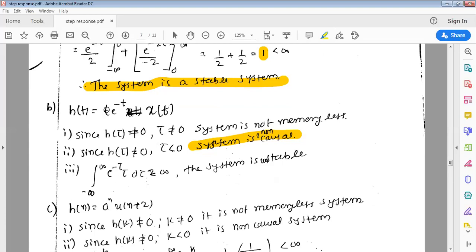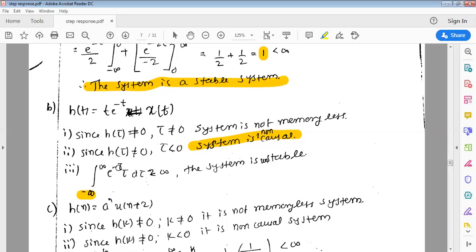When you integrate from minus infinity to infinity, e power minus tau into tau d tau, we will do it by parts. So first function into integral of the second, e power minus tau by minus 1, plus e power minus tau into the derivative of tau, that is 1. In both the functions, you'll get e power minus tau. E power minus tau generates e power infinity when the limit is minus infinity.